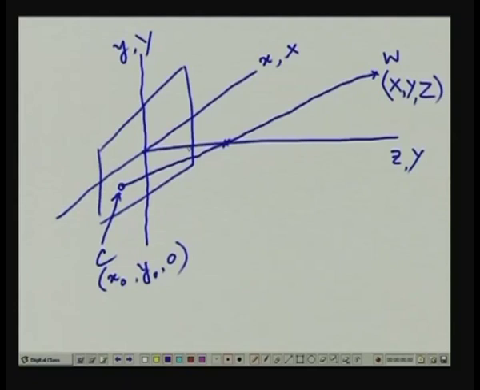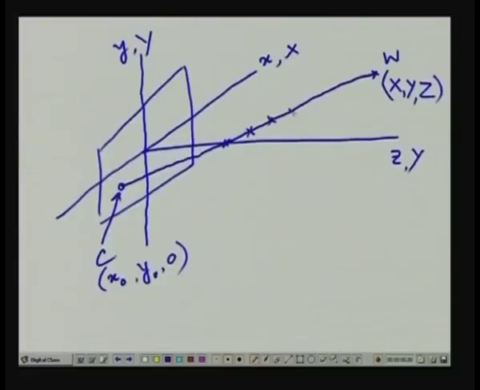Now, the problem that comes here is because, if I analyze this particular mapping, that is mapping of point W in the 3D world to point C in the image plane, this mapping is not a one-to-one mapping, rather it is a many-to-one mapping.